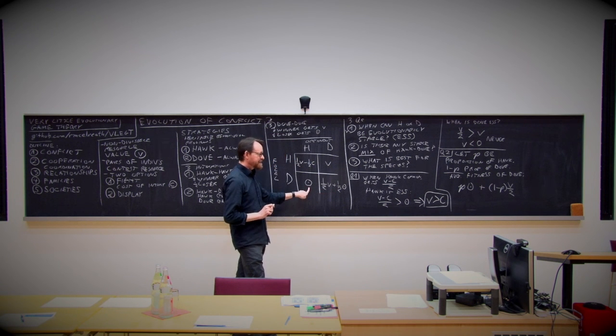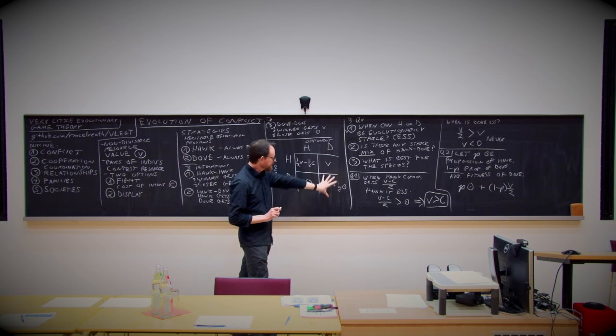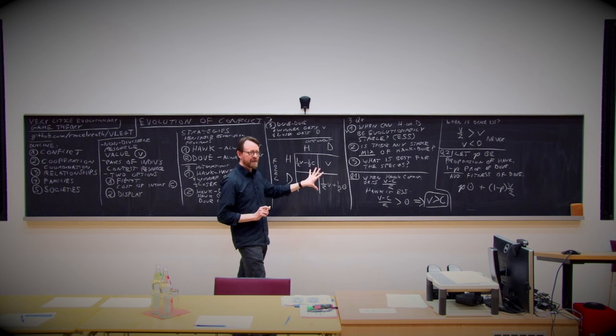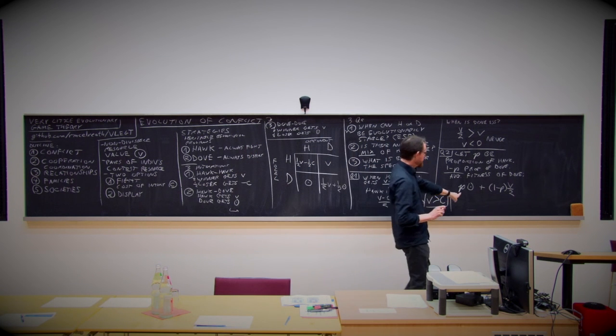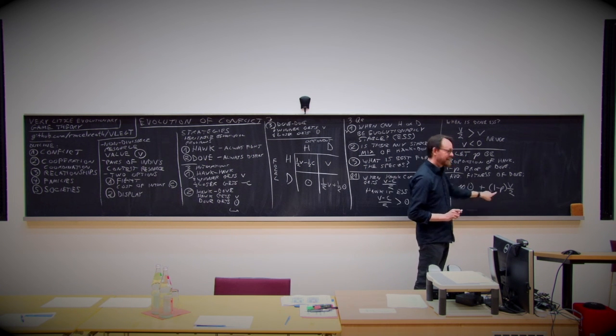It's just that this happens p of the time, and this happens 1 minus p of the time. Before we were in only one column. When hawks are common, you're only here, and all that matters is the 0 for a dove. When doves are common, you're in this column. Now both columns are in play, but this column is weighted by p, and this column is weighted by 1 minus p. And so we write mathematical expressions that add those two weights together.